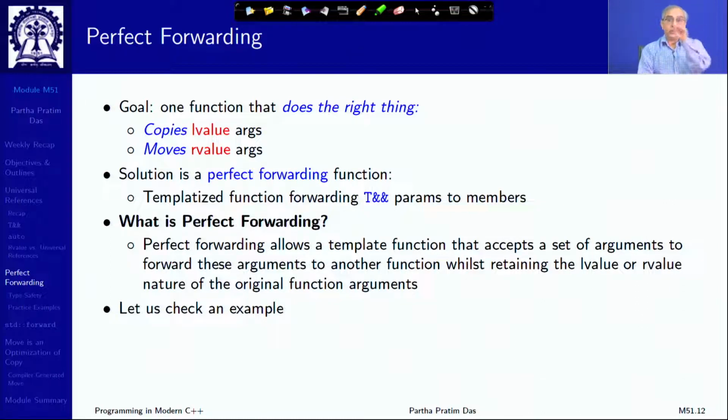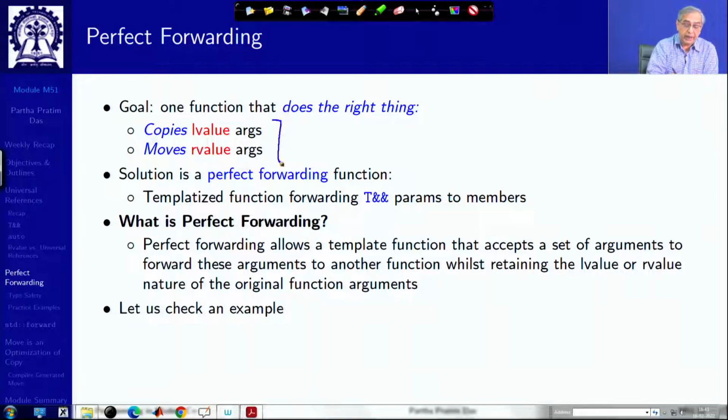Now, when you do this forwarding process, what you want is that the L value arguments should work as copies and R value arguments should work as moves. This property should remain, so that the move semantics that we have created with so much care can be carried forward to all kinds of function calls.